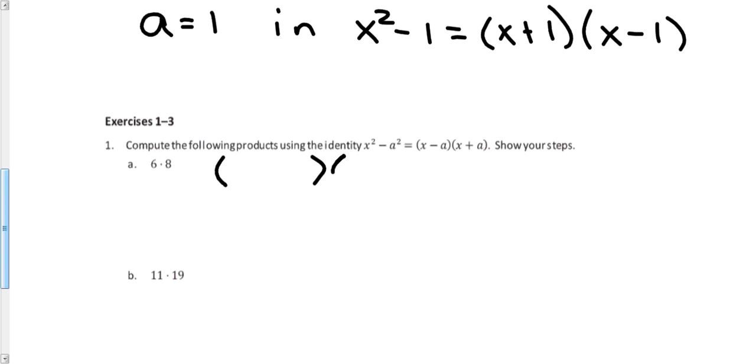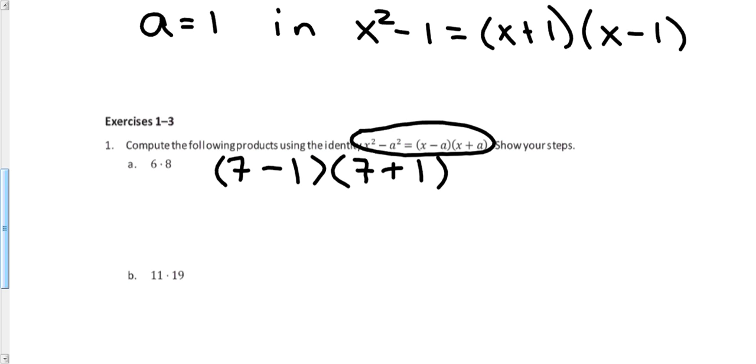So how does this factor? Well, 6 times 8 is the same thing as saying 7 minus 1. Does that equal 6? Last I checked, right? And then, what do you think I put over here? 7 plus 1, right? Because this is my identity right here.